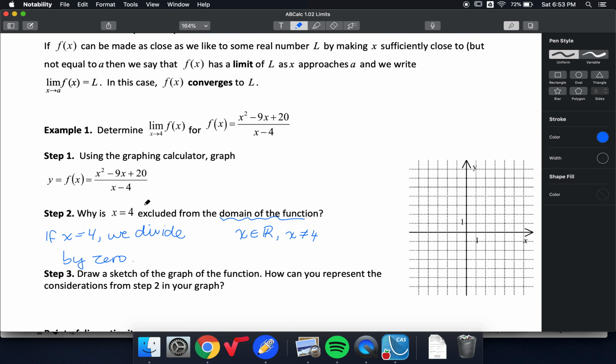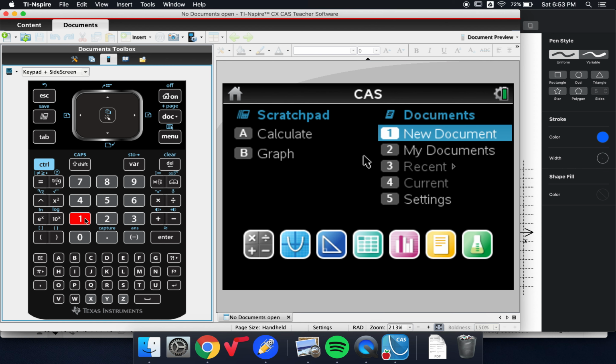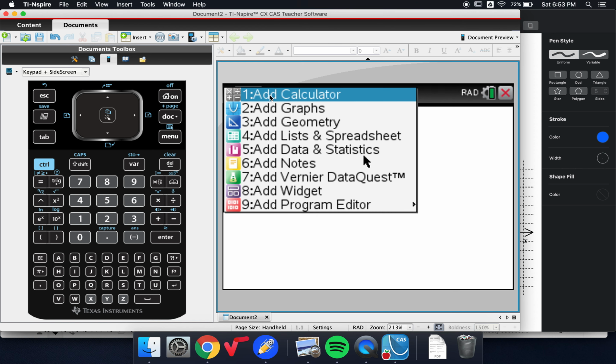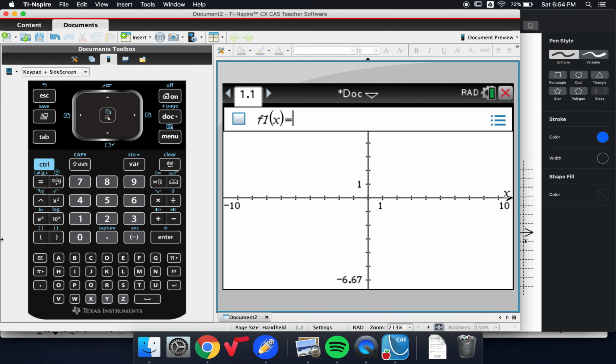So I'm going to go over to my calculator, and I'm going to graph this function. I'm going to make a new document, make a graph, and type in my function. It's nice that I'm on my computer and can type it in.